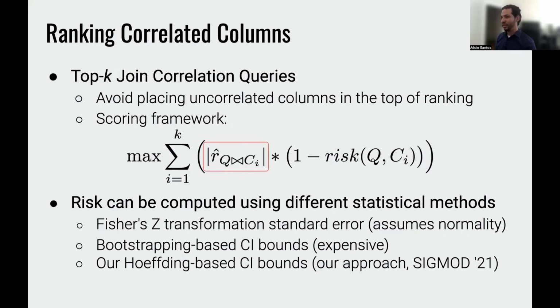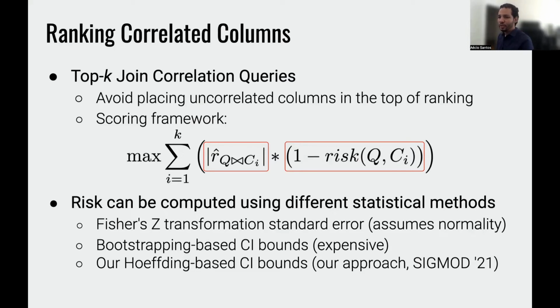So you can see here that on the left we have the correlation estimate produced by the sketches, but we multiply that by a risk factor, which can be seen essentially as the probability that the estimate is wrong, right?